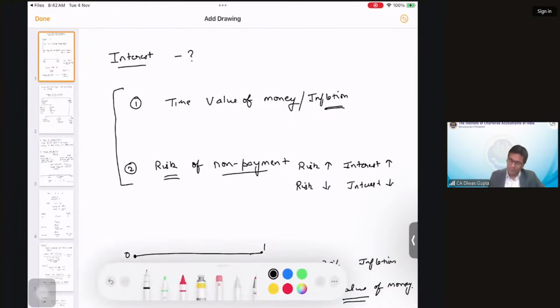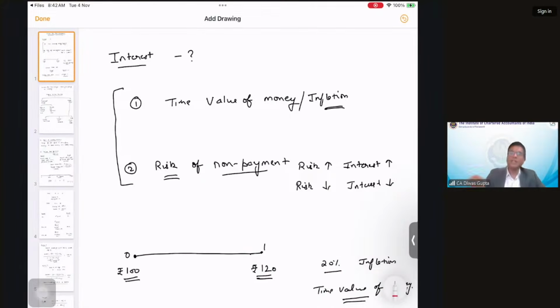In other words, let's say Mr. A has lent an amount to Miss B. Now, whether Miss B will repay it back or not is a risk borne by Mr. A on the amount that he has given. Clear? So, because there is a risk of lending, Mr. A would expect some amount of interest.